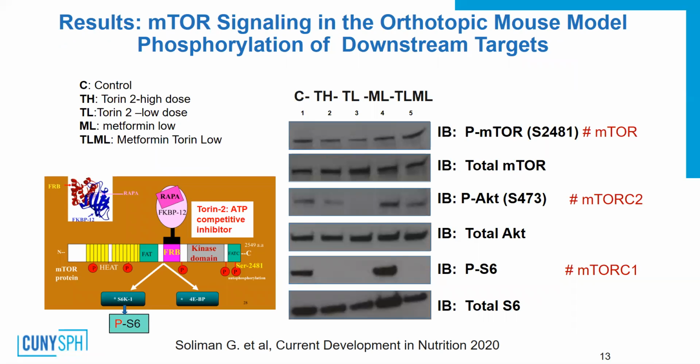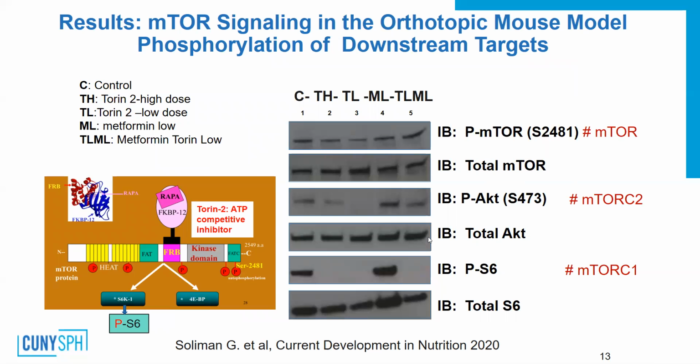So we looked at the cell signaling, and as expected, when we had Torin-2, which blocks the kinase domain of mTOR, it's an ATP competitive inhibitor, and therefore we looked at the phosphorylation of AKT at serine 473, and it was decreased by both the concentrations of Torin high and Torin low compared to the total AKT in the lower lane.